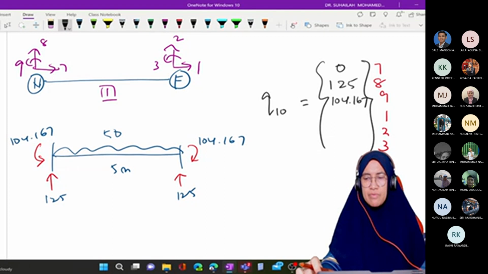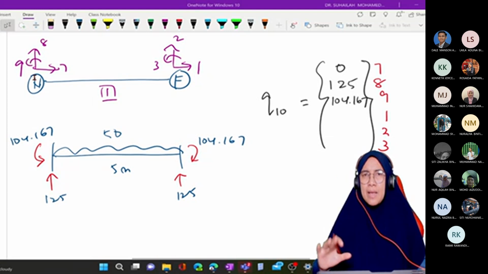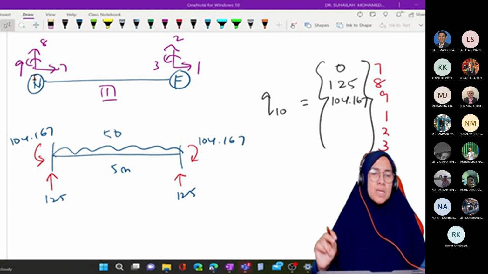It is positive, because it has the same moment direction.